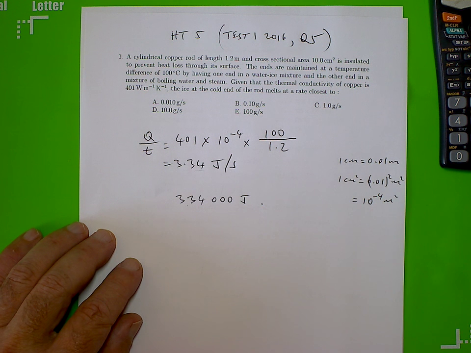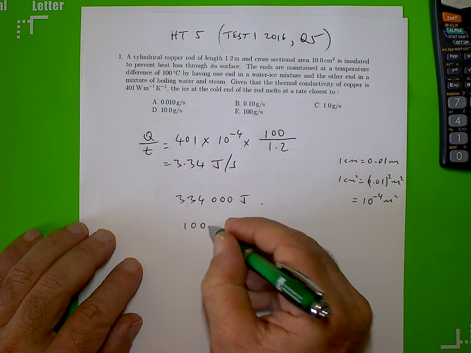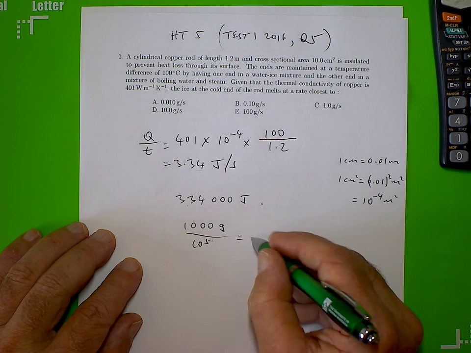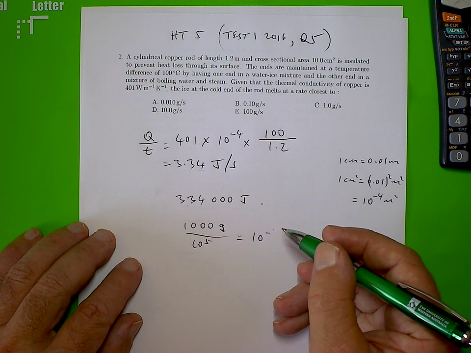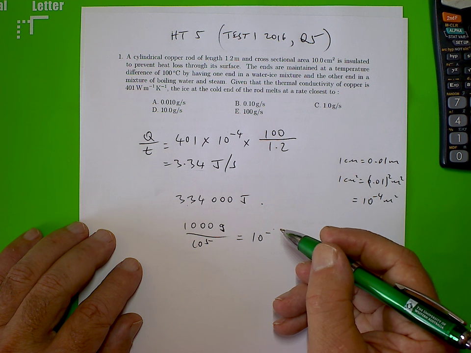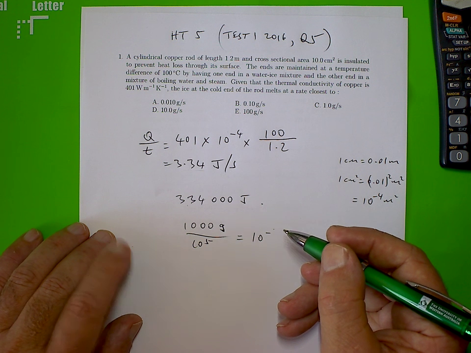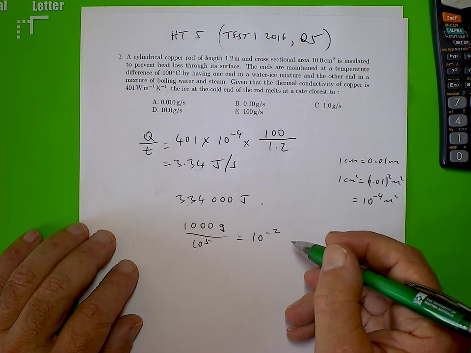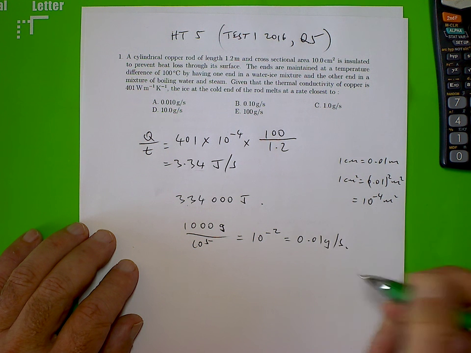So it's basically a factor of 10 to the 5th. So I get my kilogram, which is 1,000 grams, and I divide by 10 to the 5th, and I get 10 to the minus 2, which is 0.01 grams per second.